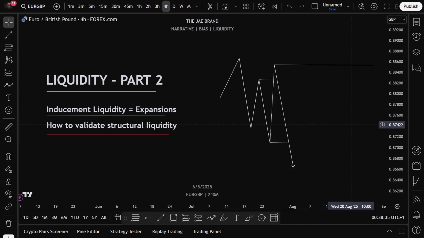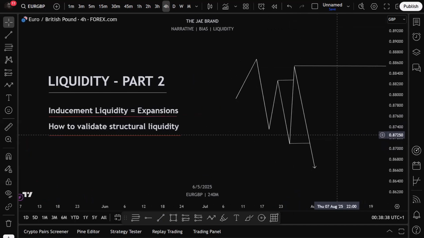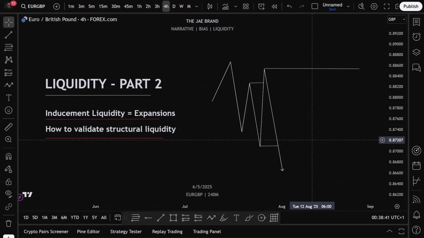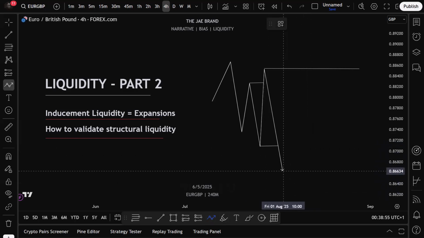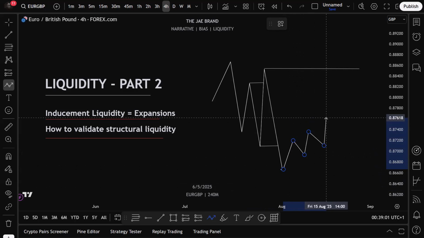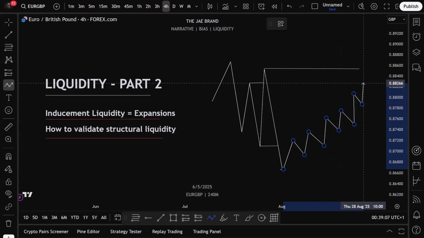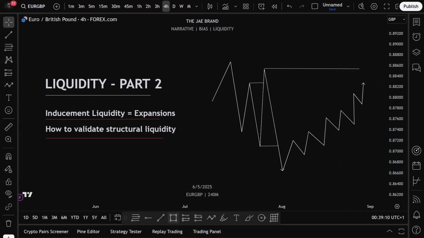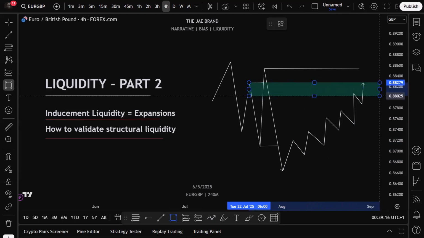And in our previous lesson, I told us that when transactional liquidity has been taken, we are supposed to expect a correctional phase, or a retracement or correction into the premium area. This is a sell model, so we are expecting a correction into the premium area of this swing structure. Right now, let's assume we have our area of value here where we expect to sell from.